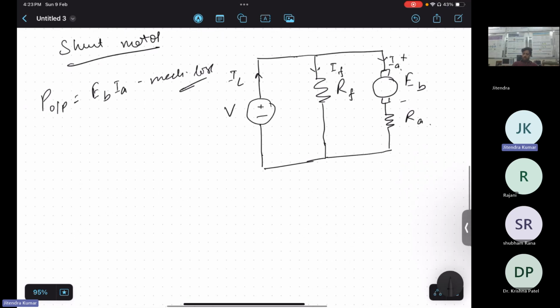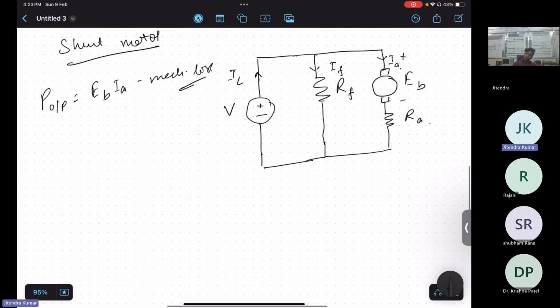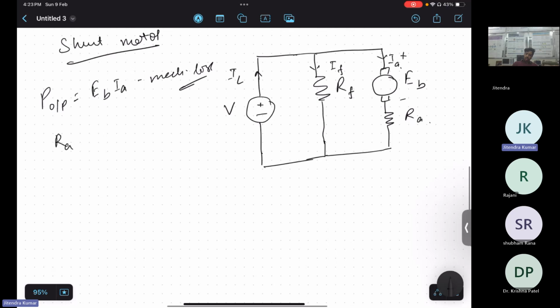Now let's suppose you are given RA of 0.1 ohm, RF is equal to 220 ohm, and V is also equal to 220 volt. You are given these parameters.